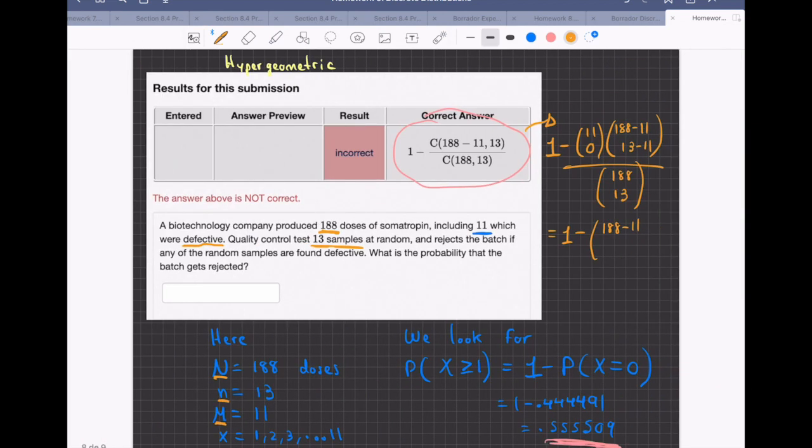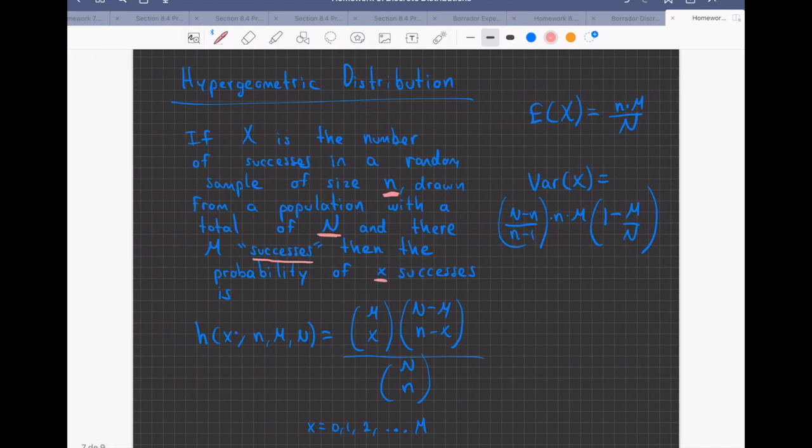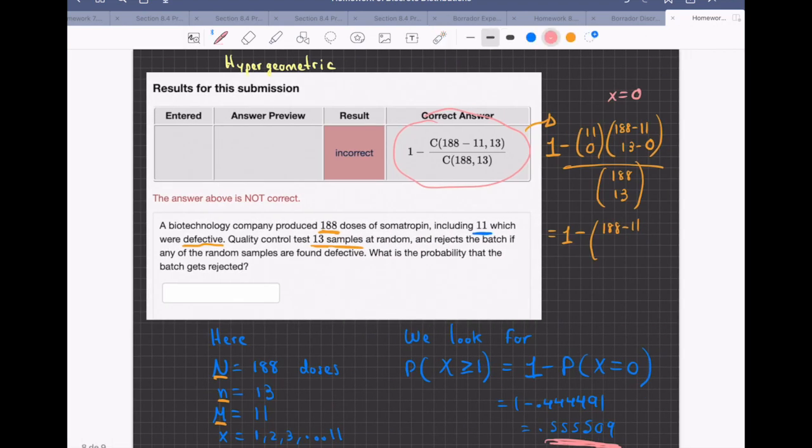Oh, I'm sorry, this should be n minus x, so it should be 13 minus 0, 13, divided by the total, combination 188 choose 13.